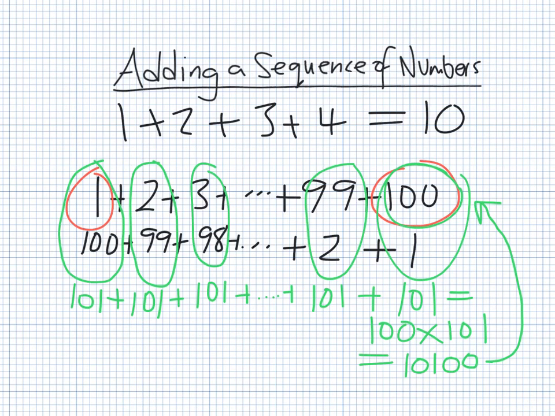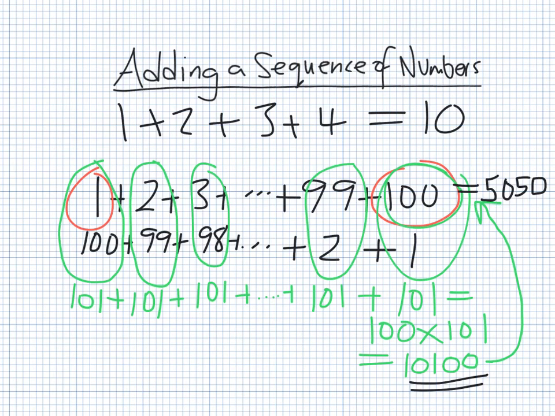We only want to add together one row, so all we actually need to do is take that number we've got down there and halve it. And indeed, if I do halve it, half of 10,000 is 5,000, and half of 100 is 50, so we get 5,050. And indeed, 1 plus 2 plus 3 all the way up to plus 100 equals 5,050.